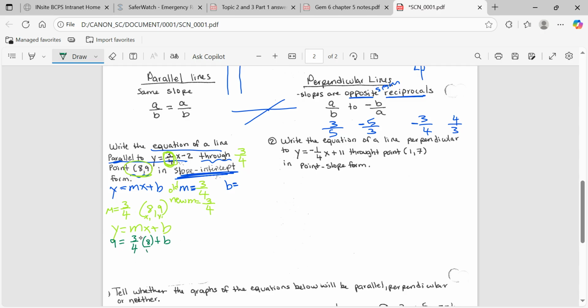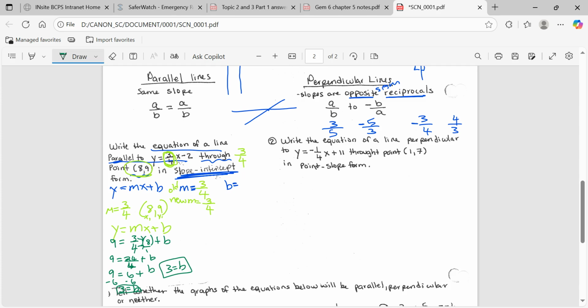3/4 times 8 is like saying 3 over 4 times 8 over 1. So 9 is equal to 24 over 4, which is 6, plus b. So 9 is equal to 6 plus b. Then I would subtract 6 on both sides so that 3 is my y-intercept.